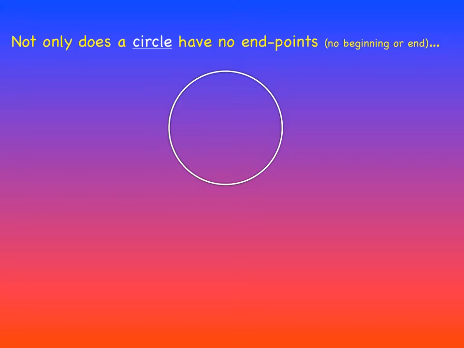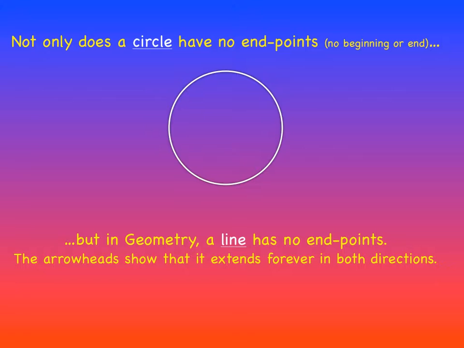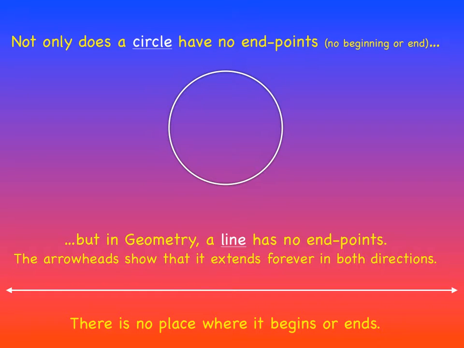Not only does a circle have no endpoints, but in geometry, a line has no endpoints. The arrowheads on both ends of the line show that it extends forever in both directions. There is no place where it begins or ends, just like a circle.